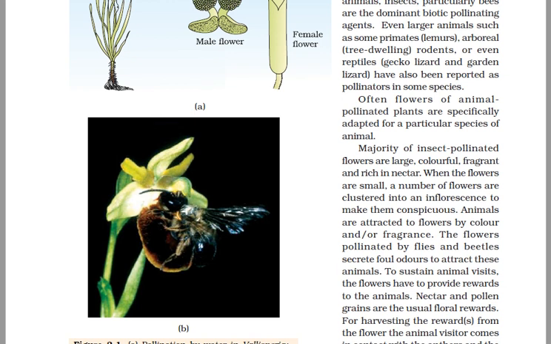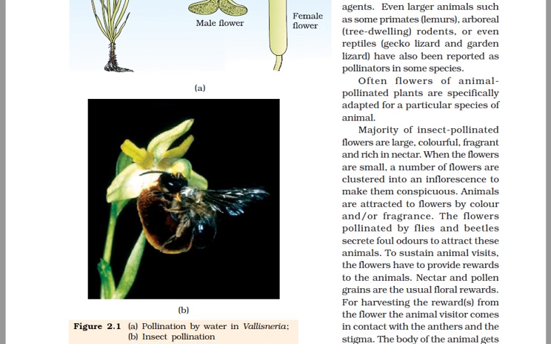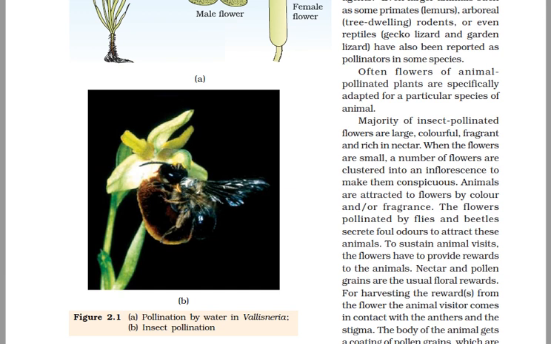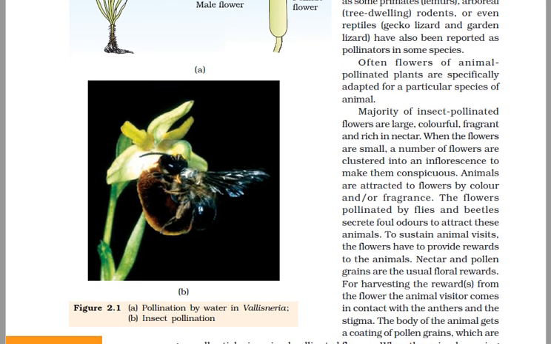Here you see the figure of the pollination by water in the Vallisneria above, and the B one is the insect pollination. This is an orchid flower. Orchids are generally found in Himalayan areas or the northeast Himalaya. This orchid has a special feature.